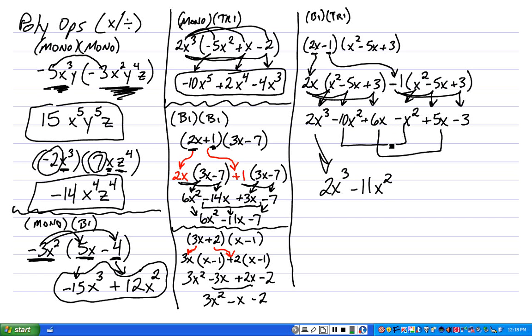I have a 6x plus a 5x, which is a positive 11x. Okay, and nothing to combine with my constant, so I bring it down. Minus 3. Alright, that would be your answer right there.